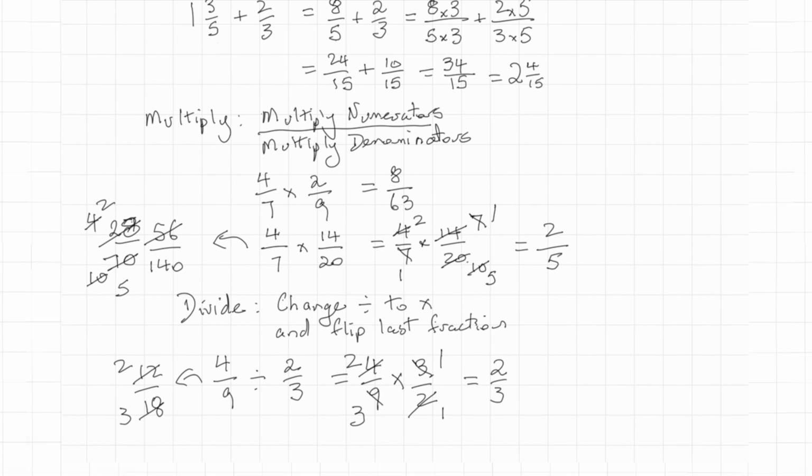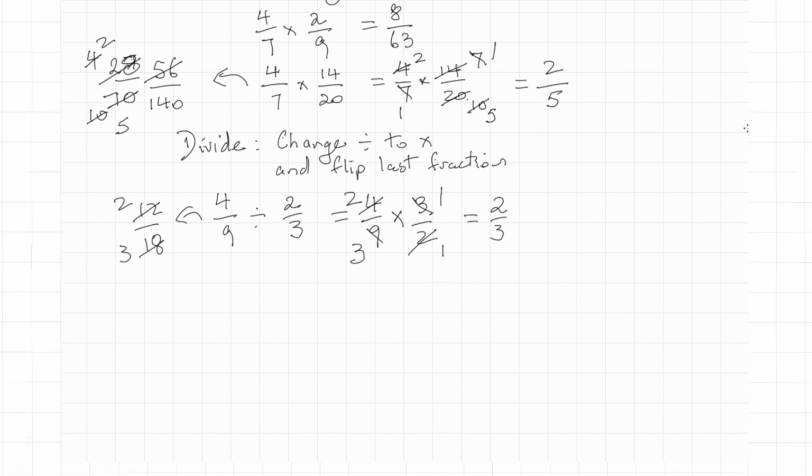If we've got a mixed number, we should probably do one of those, and if we've got, say, 2 4/5 divided by 1 7/8, we firstly make them into improper fractions. 5 2s are 10, plus 4 is 14 over 5, divided by 8 1s are 8, and 7 is 15 over 8.